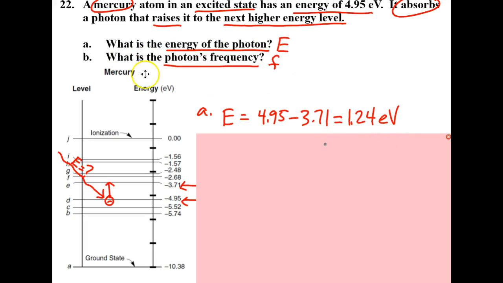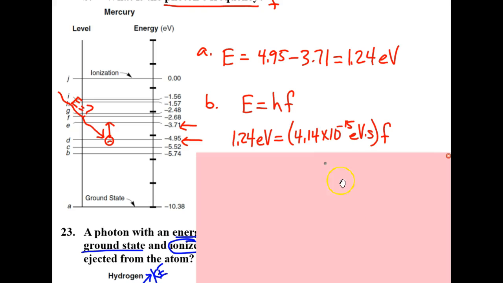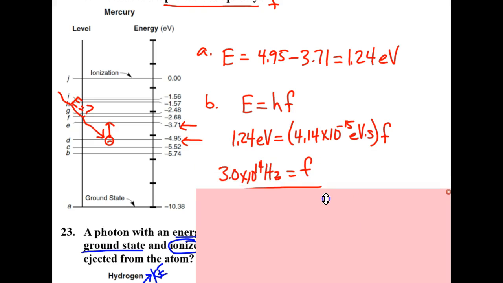And they want to know the photon's frequency, so you're going to use E equals hf. Notice I've chosen to use the electron volt second form of Planck's constant here. So 1.24 equals 4.14 times 10 to the negative 15 times f, and solve for f. That means you have to divide, and you should get 3 times 10 to the 14th hertz.